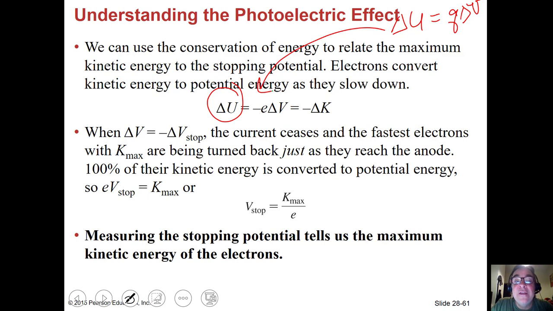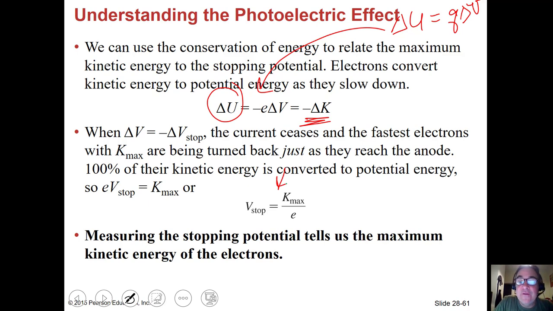So you're taking all of the electrical potential energy, and it's equal to minus the change in kinetic energy. So that happens when you have the stopping potential. So remember what's actually going on. The electrons are freed. They have some kinetic energy. Now you've set up the battery backwards in a sense, and you're taking all of that kinetic energy and turning it into electrical potential energy. So that's what we see here.